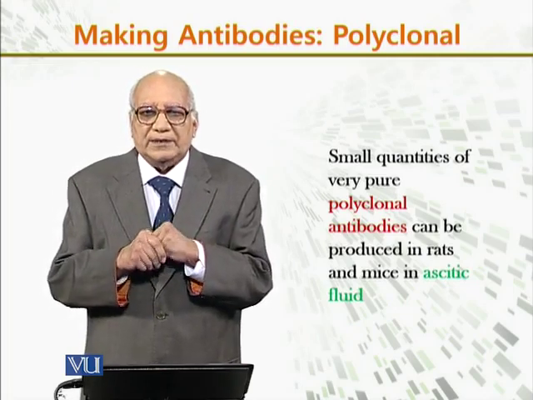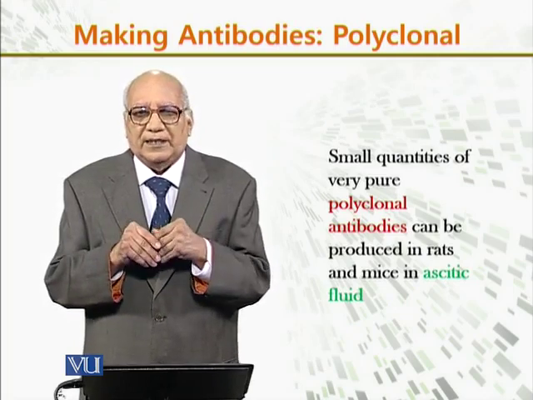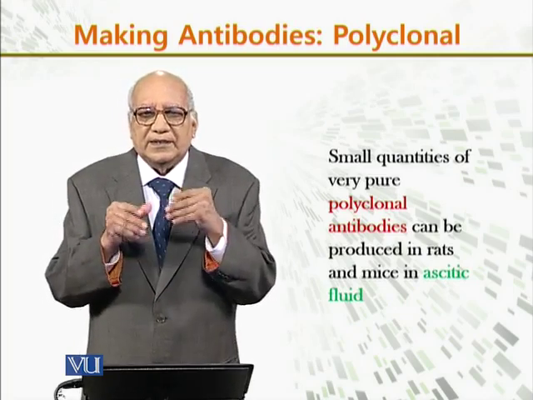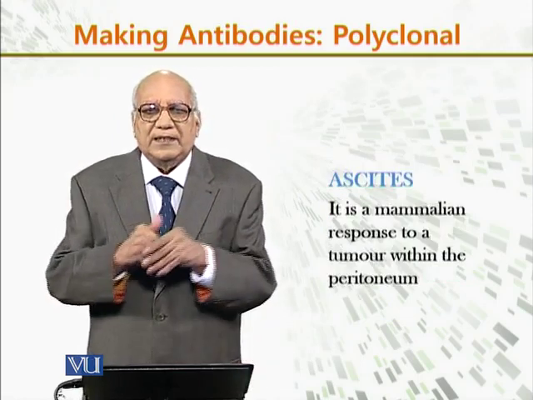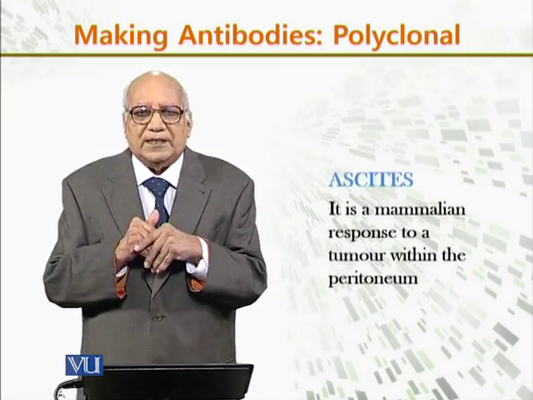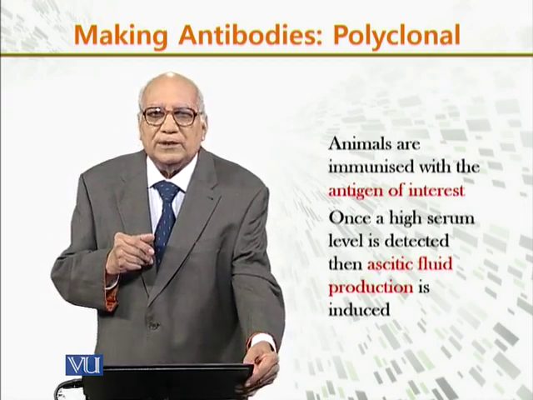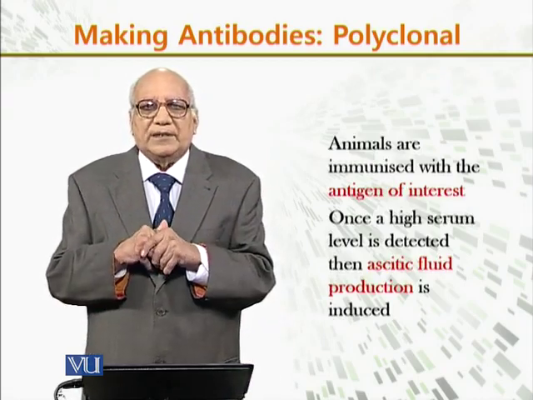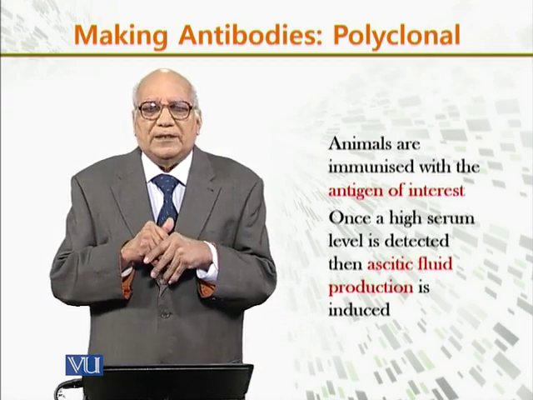Small quantities of very pure polyclonal antibodies can be produced in rats and mice as well, in the ascitic fluid. Ascitic fluid is a mammalian response to a tumor within the peritoneum. In the peritoneal cavity, that fluid is made, and animals are immunized with the antigen of interest.